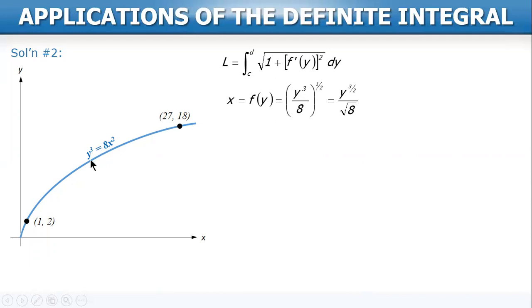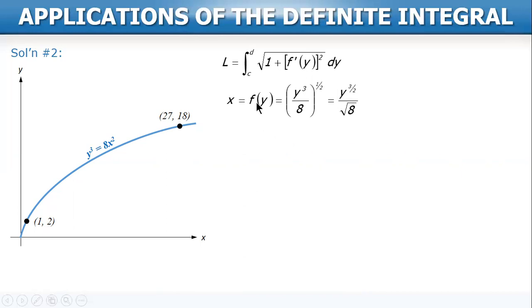We solve for x. That's y cubed over 8 and then square root, or simply raised to 1/2. Instead of square root, we can raise to 1/2. So, y cubed raised to 1/2 is y raised to 3/2. And then 8 raised to 1/2, or simply square root of 8.